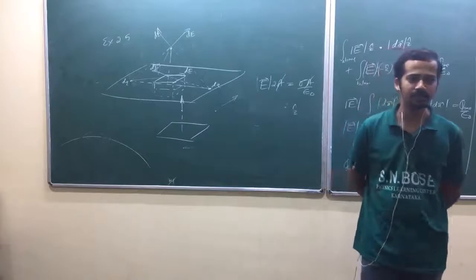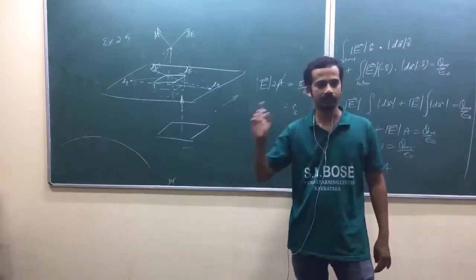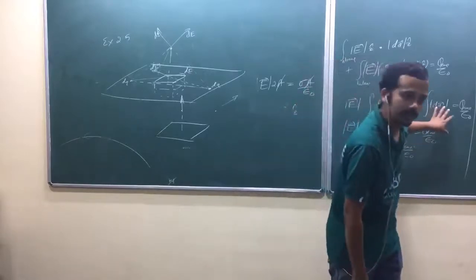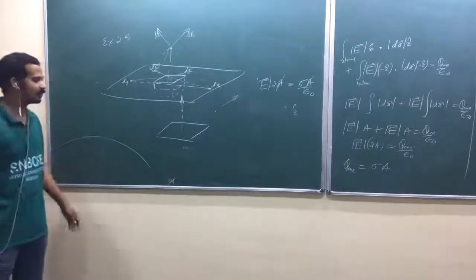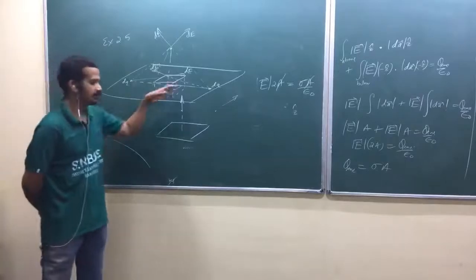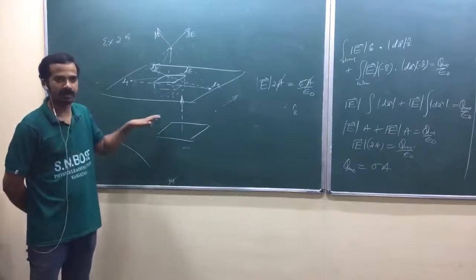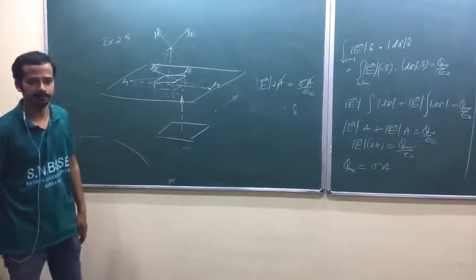I think that surface would be very difficult to integrate, isn't it? Here, whatever surface integral we have done, the area of the surface was also very simple. That's a good idea, but again we need to do some computation. I get your point. To find the surface over which the electric field is uniform, that will never be a plane here.